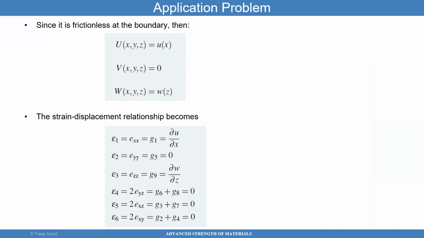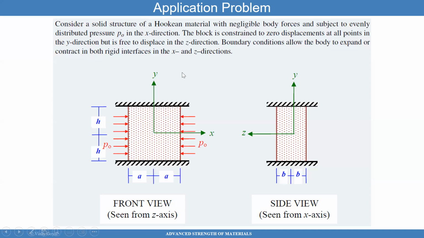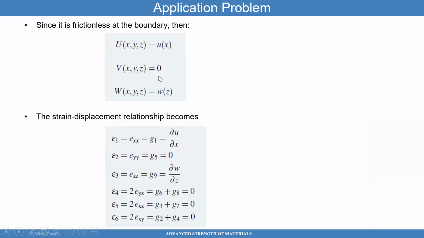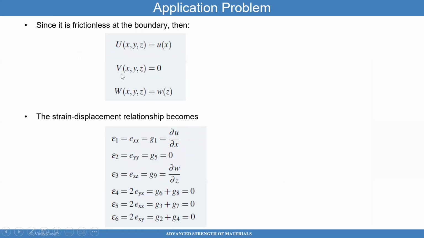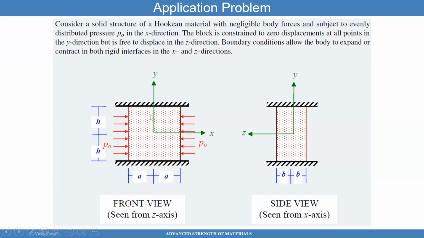U, V, and W are the corresponding deflections at every point in this body in the X, Y, and Z directions correspondingly. So for example, U is the deflection in the X direction, while V is the deflection in the Y direction. Now here it is written that the block is constrained to 0 deflections at all points in the Y direction, but is free to displace in the Z direction.